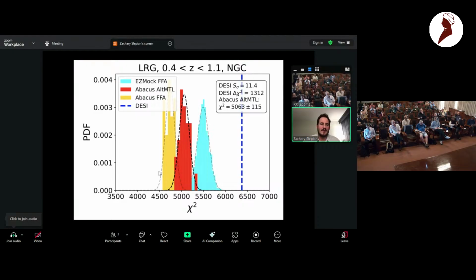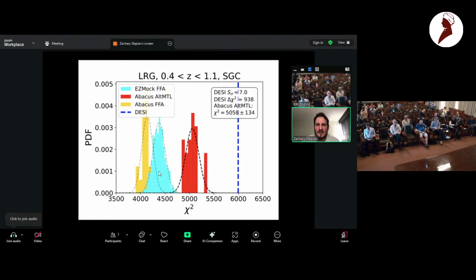The legend at upper right, DESI sigma, is telling you how many sigma away the blue line is in units of the width of the red distribution. So this is for the North Galactic Cap. Then we can do the same thing for the South. And again, we also find a pretty robust tension between the data and the mocks.